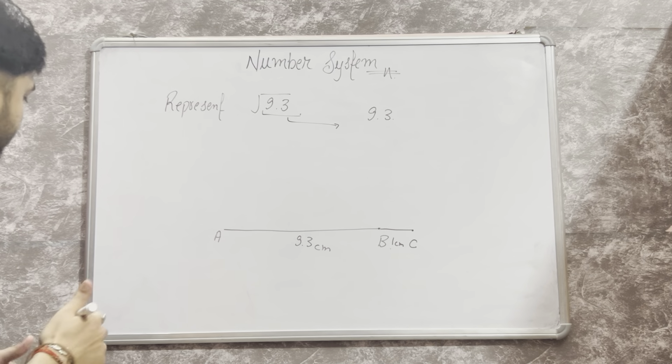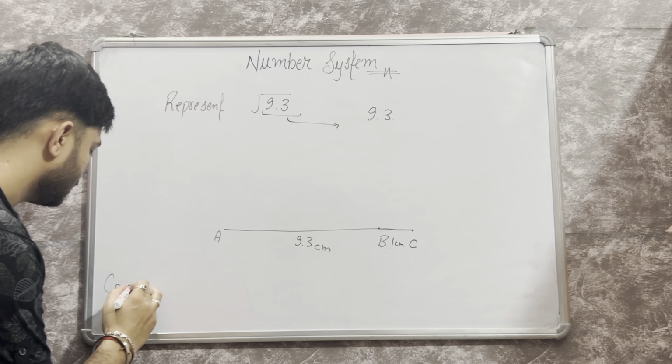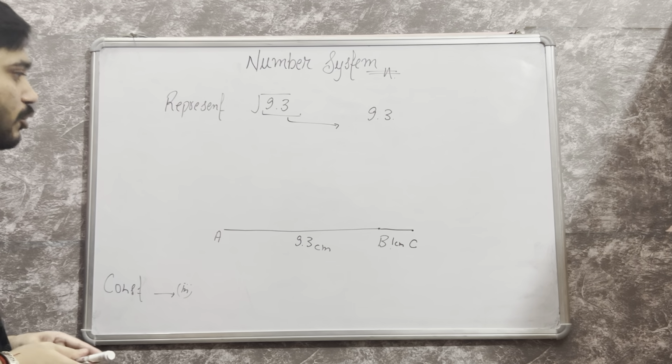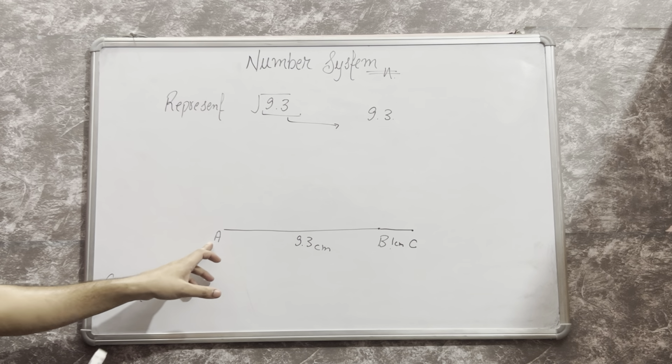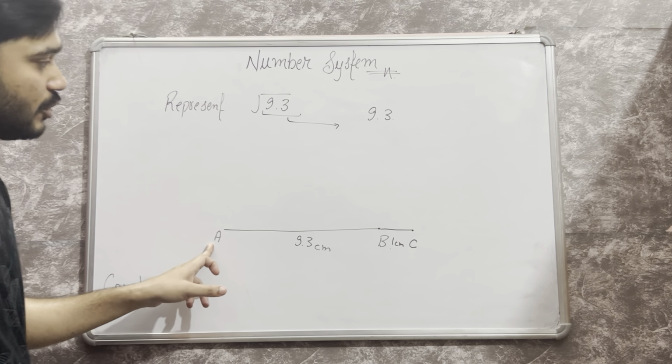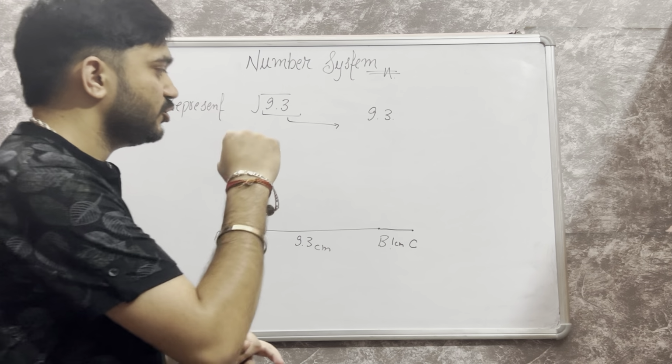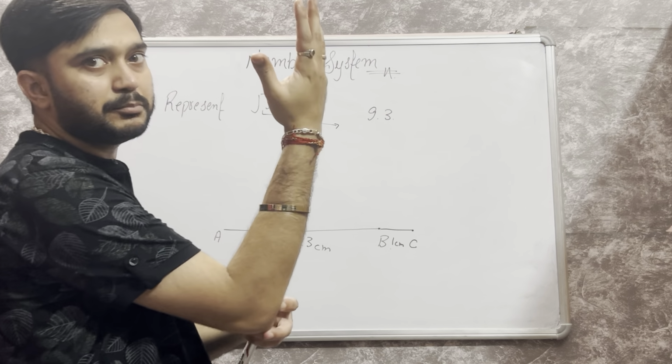Now, what is the third step of this construction? You are going to find the midpoint of AC. How are we going to do so? Take a compass. Let us assume my hand is compass here.